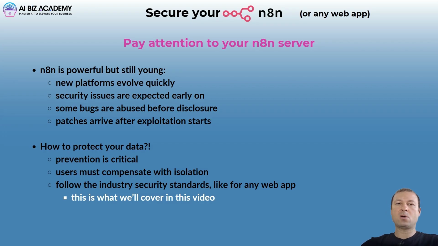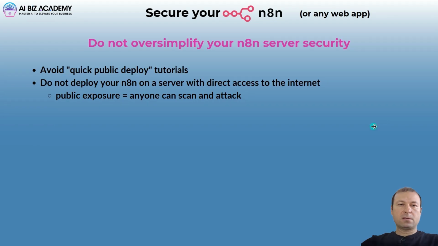So if you're planning on creating your own SaaS or making just a service that is accessible via API, all the security standards and architectures that we will explore in this video, you can apply them as well. And a quick tip, there are many deployment tutorials online where they make it very easy for you to deploy the N8N server, which indeed is fine as long as you deploy it locally and only put some test data in there.